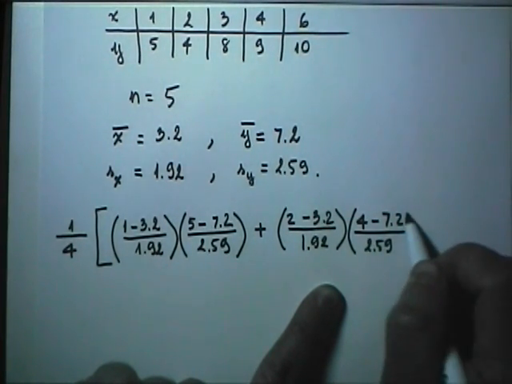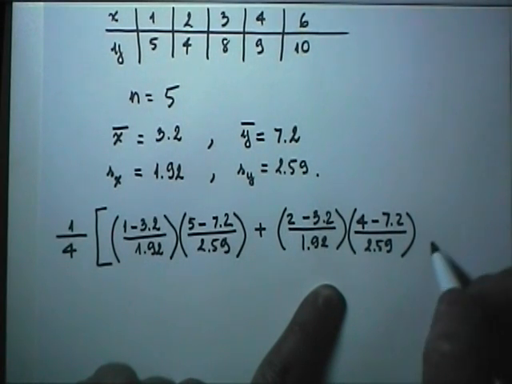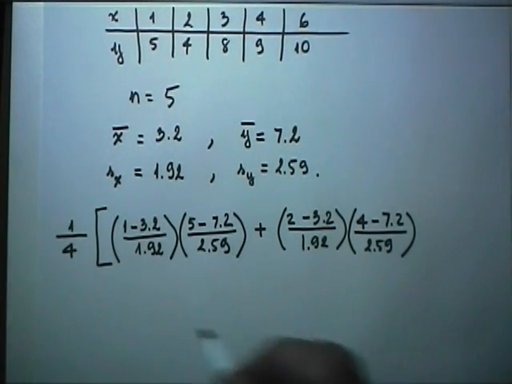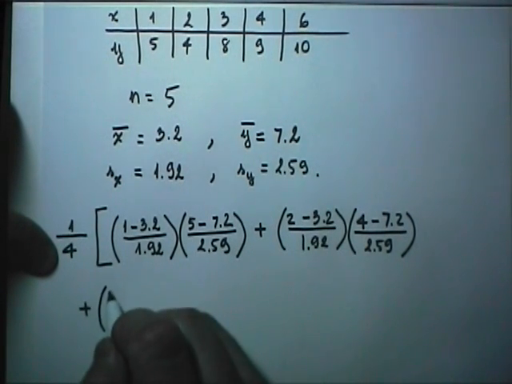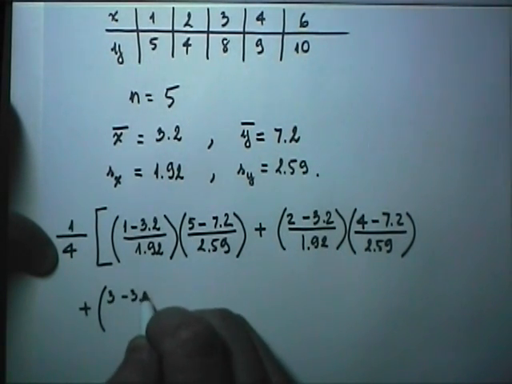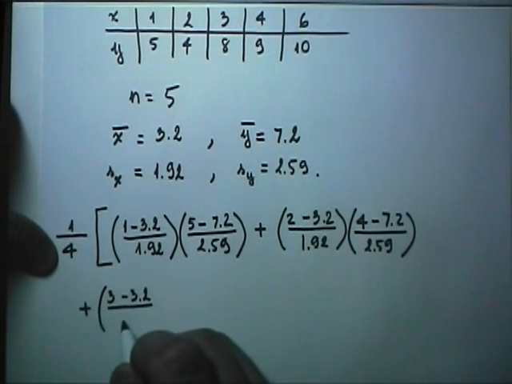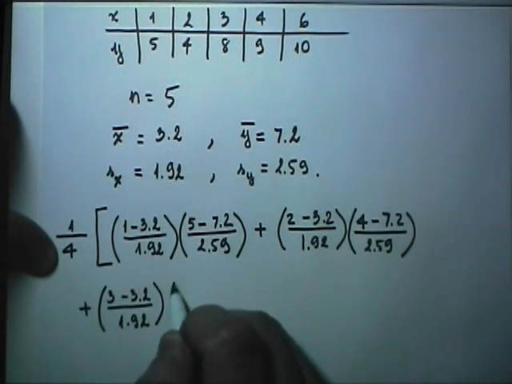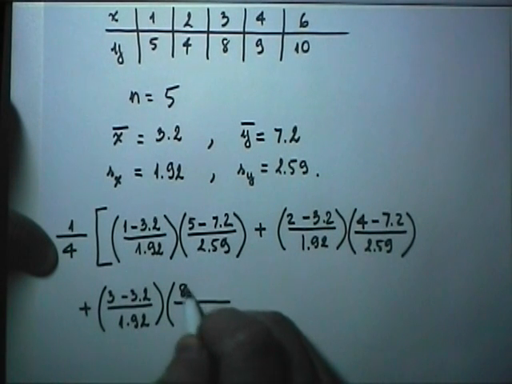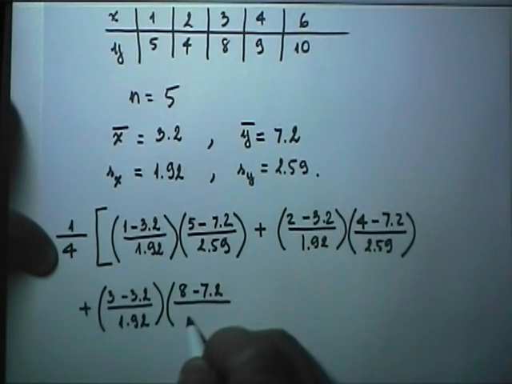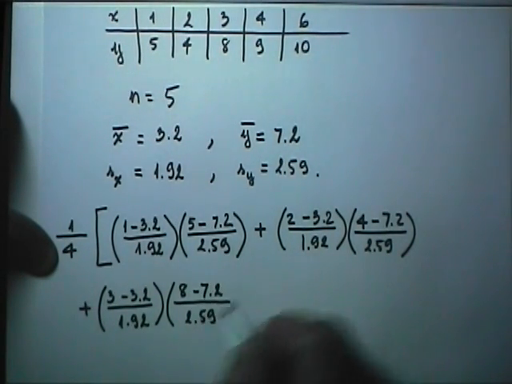Then I do it again for my next one, which is 3 minus 3.2 for the x part, divided by 1.92, times the corresponding y, 8 minus 7.2, divided by 2.59.